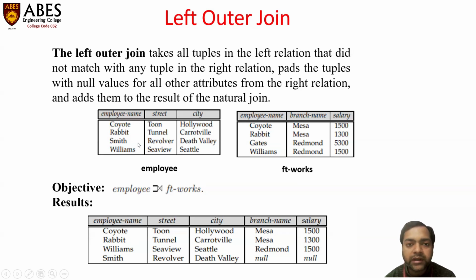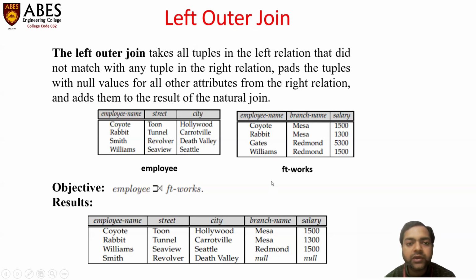So in the case of left outer join, we'll also add this particular information to our resultant relation. You can see that here we have used Smith, his street, his city, because his branch name and salary are not given in full-time works. So here we have applied null.